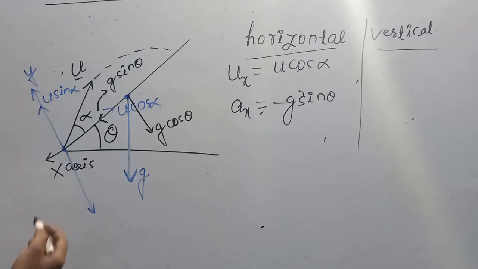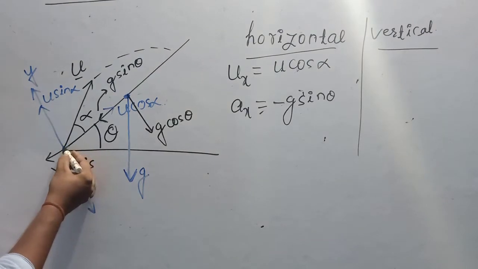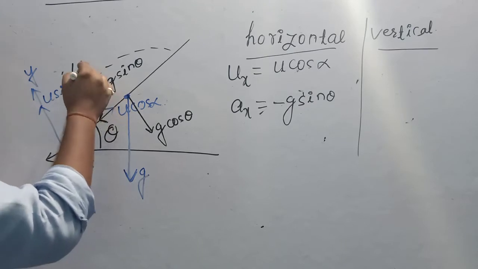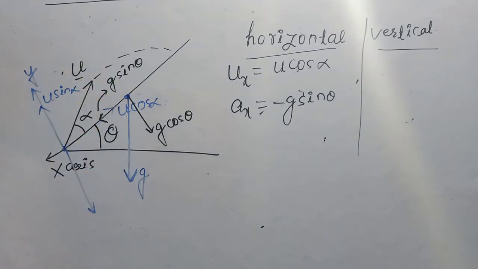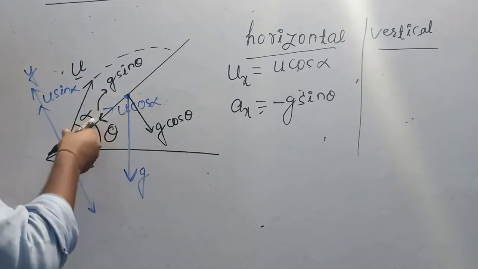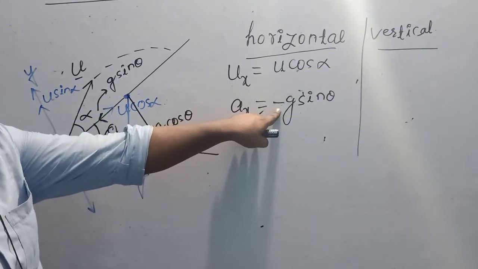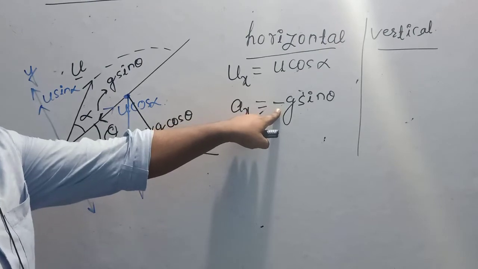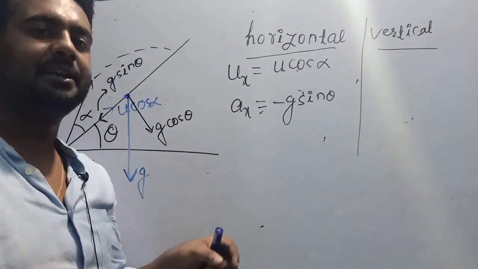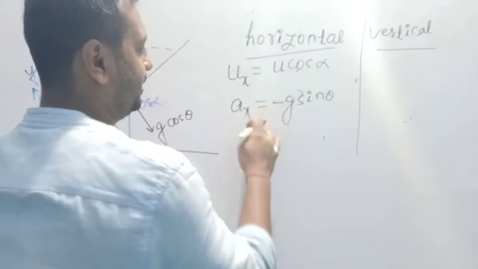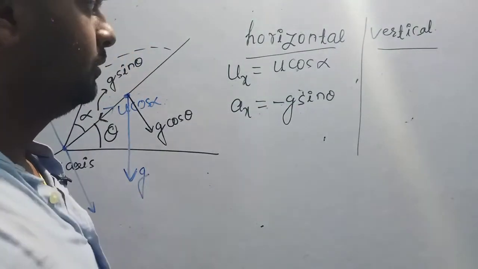Once more I am telling you, when this projectile is projected with some initial velocity u, the acceleration is opposite to the velocity. Hence we write a minus sign. If velocity and acceleration are in opposite directions, then acceleration is denoted by a negative sign.